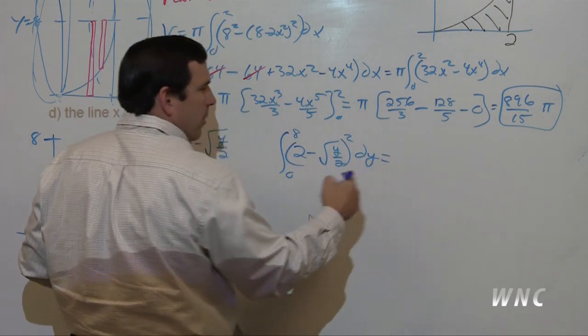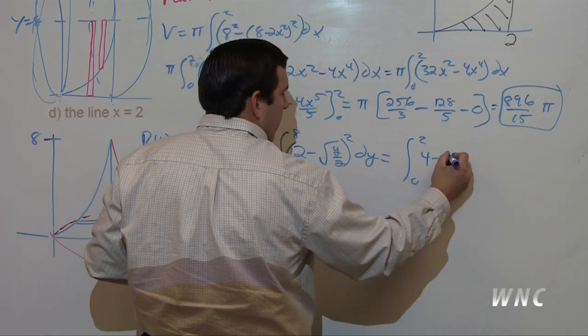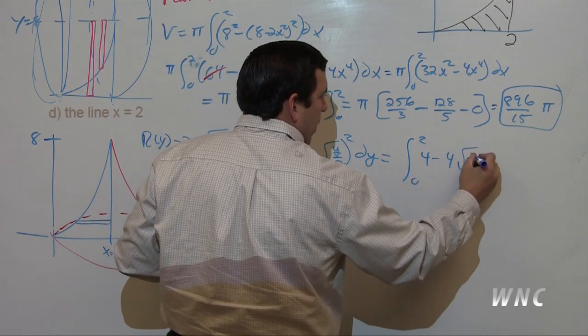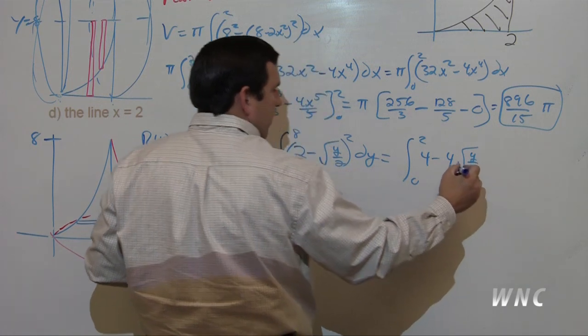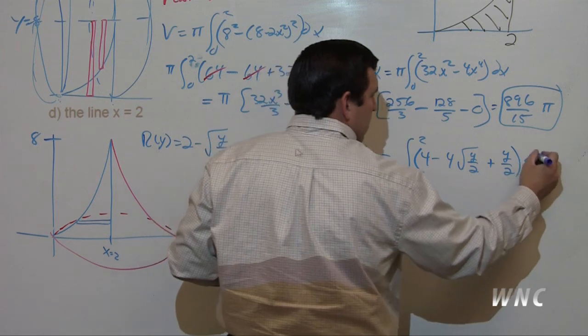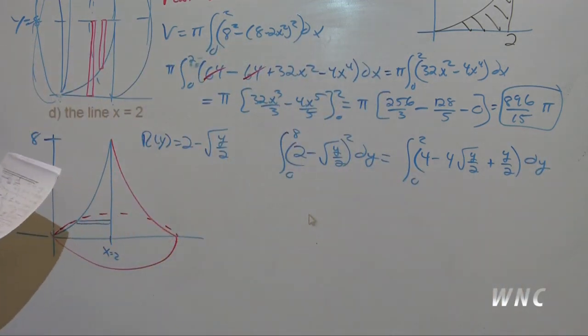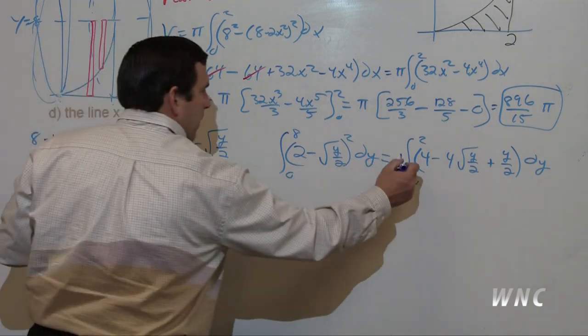So this is a little more complicated integral. Integral from 0 to 2 of 4 minus 4 times the square root of y over 2 plus y over 2 dy. I forgot my pi.